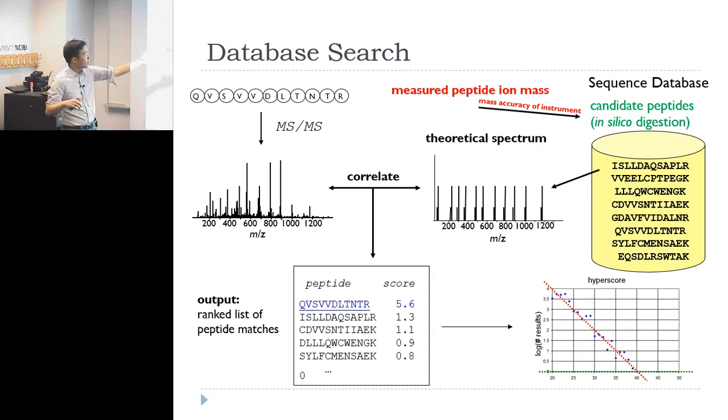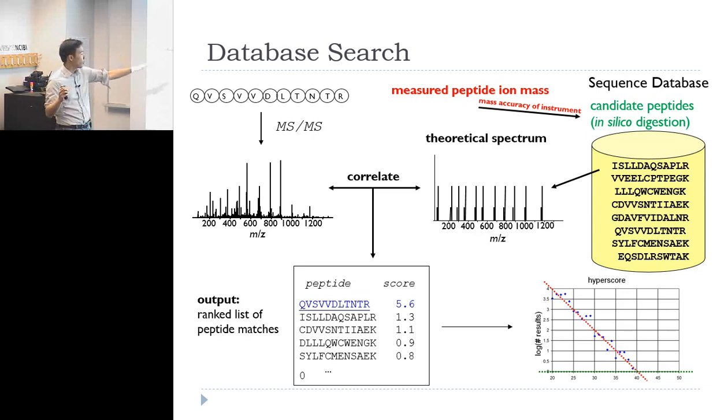So the database search tool would take the measured peptide ion mass and use that as a filter when it accesses the sequence database and considers all these candidate peptides. So if I measure a mass of, say, 1,000, and the mass accuracy of the instrument is plus or minus 0.5, then I only select candidates from 999.5 to 1,000.5, and that really helps you narrow down what that peptide could be.